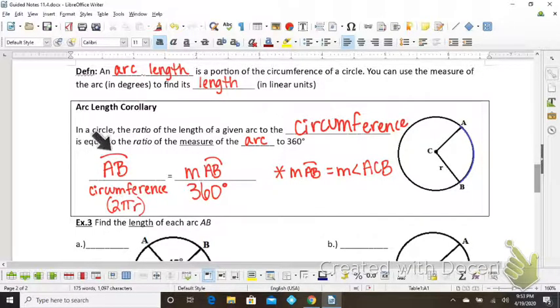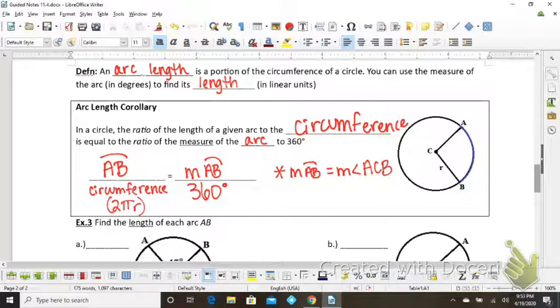I just make it a little curved instead of a straight line. So that length over the circumference of the circle, which remember we find by taking 2 pi r or pi d, so that's one ratio, is equal to the measure of the arc, remember the measure is in degrees, over 360 degrees because there are 360 degrees in a whole circle.